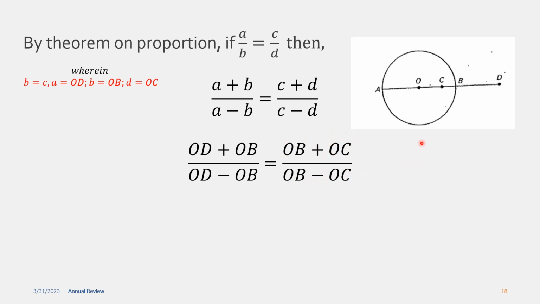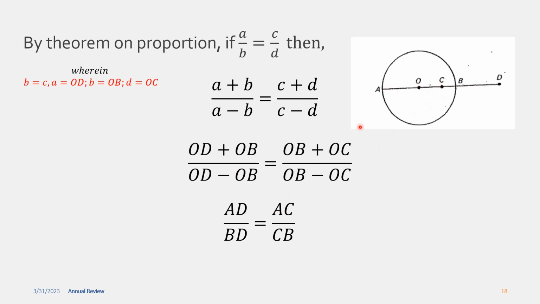Then, interpreting the illustration, the length OD plus OB is equal to AD, because OA, this length, is equal to OB since they are radii. Get my point?